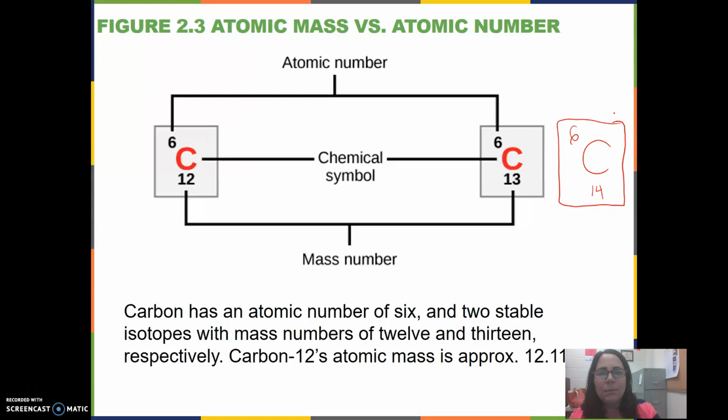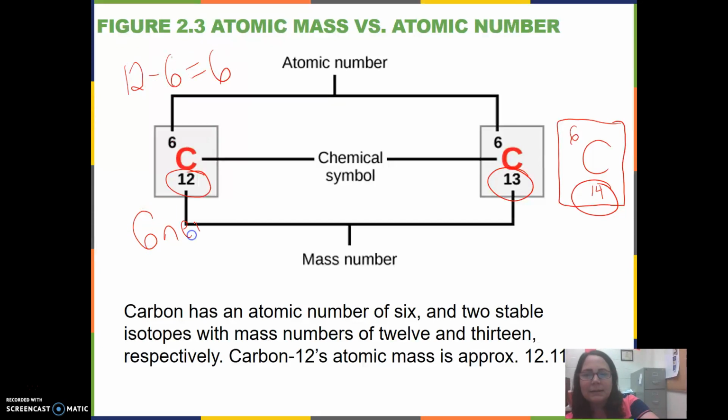And the mass number of carbon 12 is 12, and carbon 13 is 13, and carbon 14, the mass number is 14. So we know the atomic number 6 is the number of protons. If we would like to know the number of neutrons for each of these isotopes, then we have to subtract the atomic number from the mass number. So if we say 12 subtract 6, we get 6, and that means there are 6 neutrons in carbon 12.